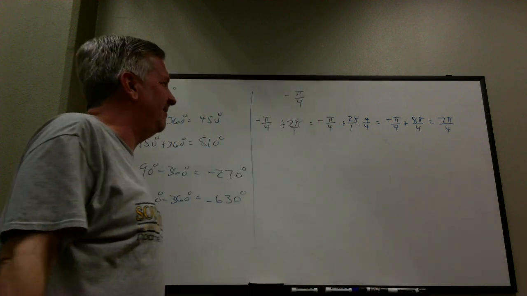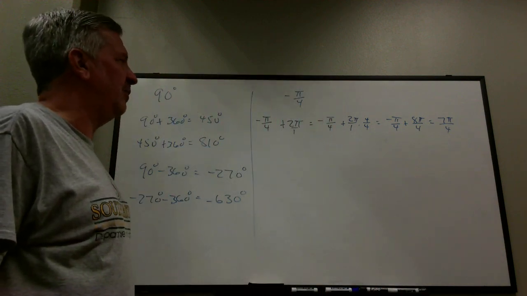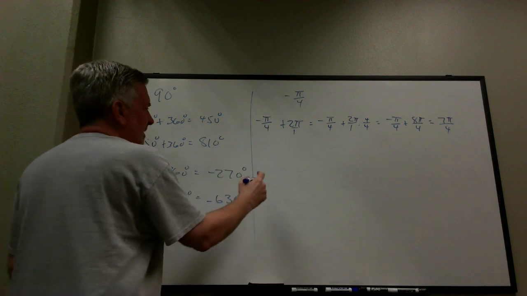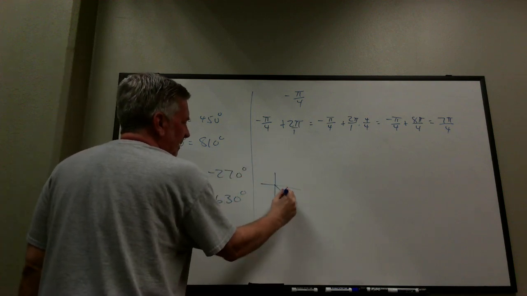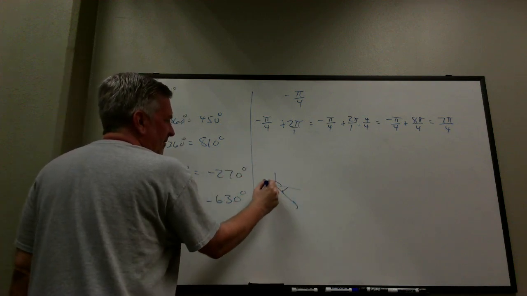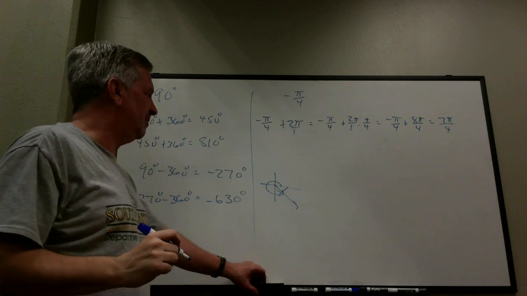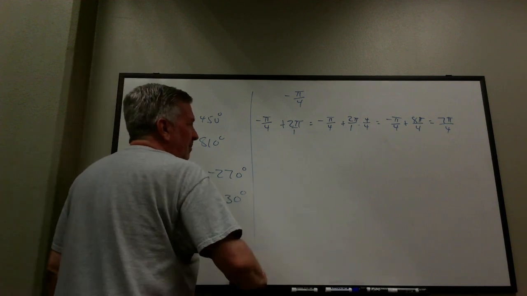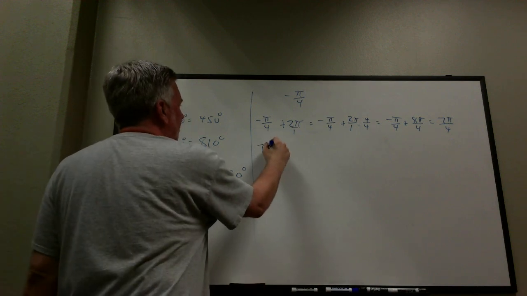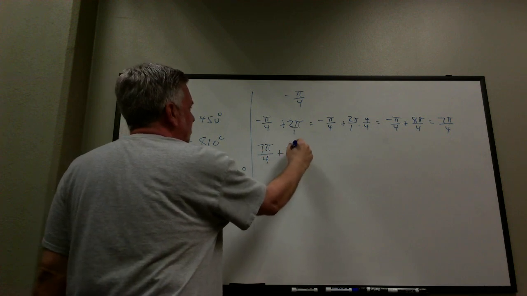So there's a positive angle coterminal with minus pi over 4. Here's the minus pi over 4 here, and 7 pi over 4 is this one, so they stop at the same place. Now that's only one positive angle, so now we have 7 pi over 4, and we need to add the 2 pi to that.